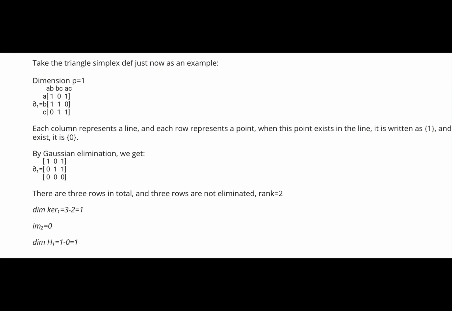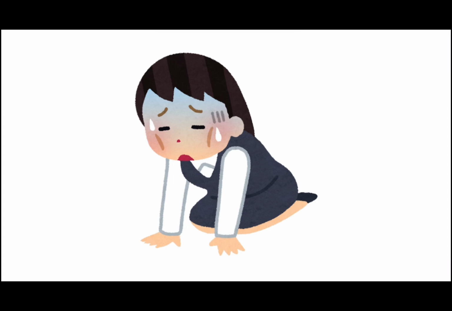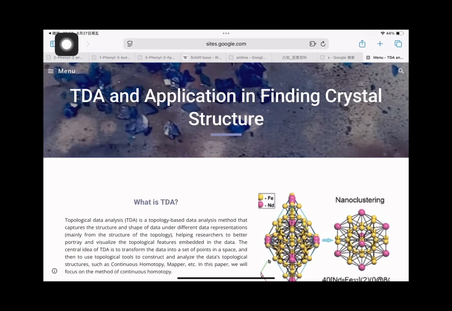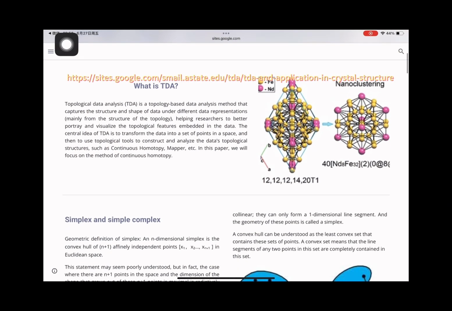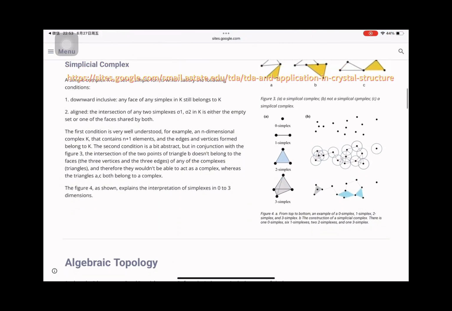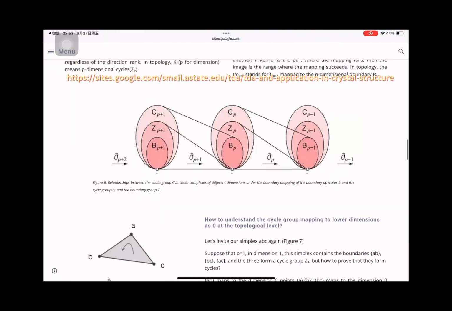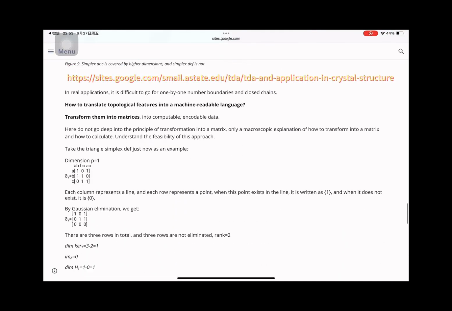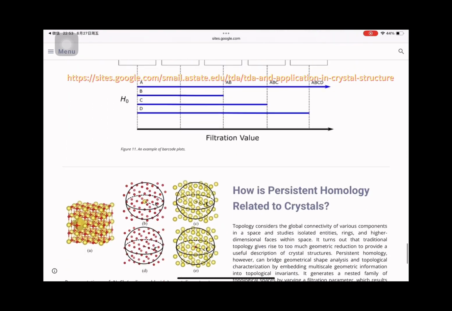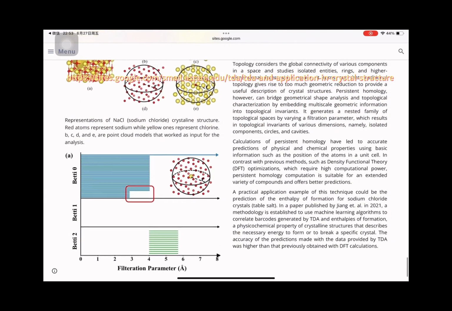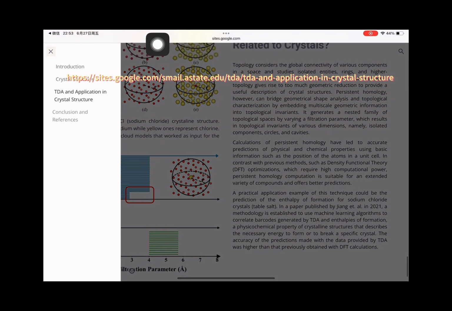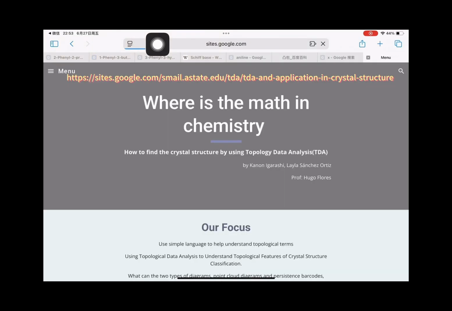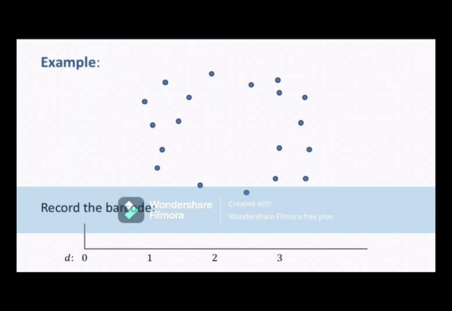I know it's very abstract, but if you want a more detailed explanation, you can come to our website for more information. There, we explain in detail what the formula means, how we calculate it using linear algebra, and also what a real hole is.